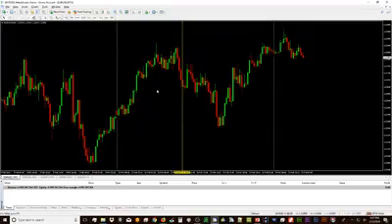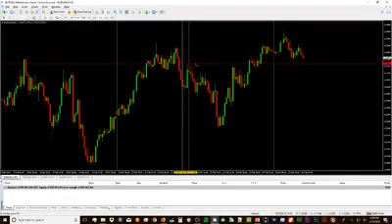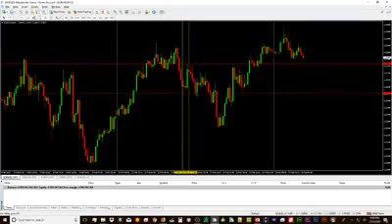And so the setup was not all that great today. What I typically do, if the setup is not all that great, if I feel like it, I will do the first hour of session trading, and that is where we take a look at the first hour and we see what the high was within the first hour, and we see what the low was within the first hour.